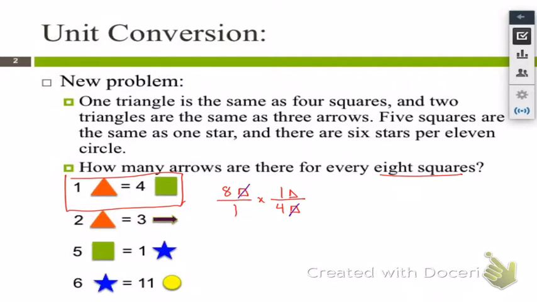And then can I have another volunteer? What would we do next? How would we get closer to our answer that we want, which is how many arrows? Kayla? Maybe 3 arrows over 2 triangles. Where'd you get that from?